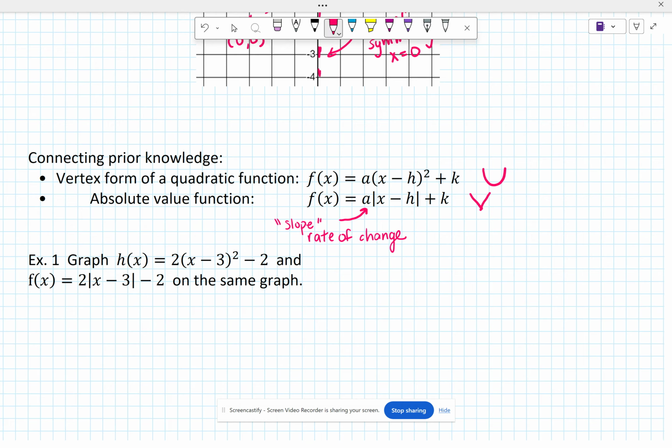For both of these, though, the vertex is still just h, k. And so I can use my prior knowledge of quadratics to help me graph absolute value. You're going to see when you go on into Math 3 how much knowledge of quadratics is going to help you when graphing a lot of different kinds of functions.